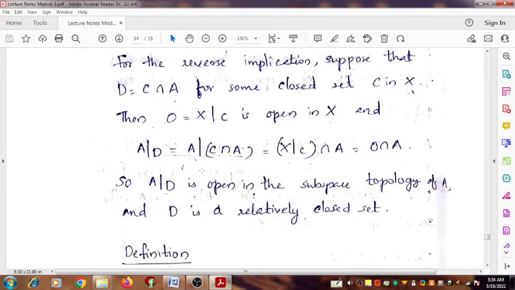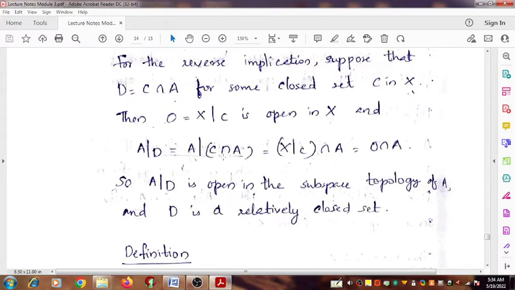And now think about A minus D. A minus D equals A minus what is D? D equals C intersection A, and that can be used to substitute. So the A minus D part is replaced by A minus (C intersection A).